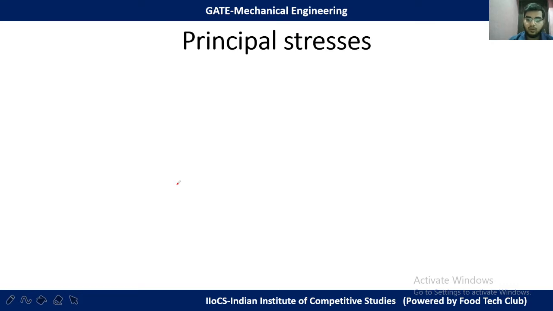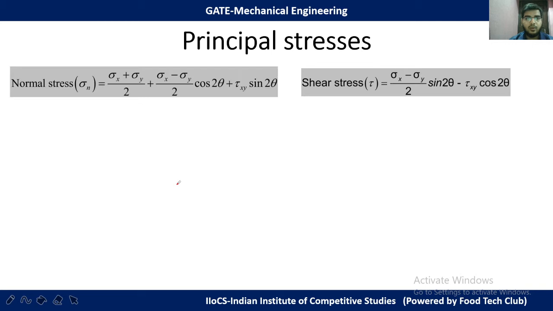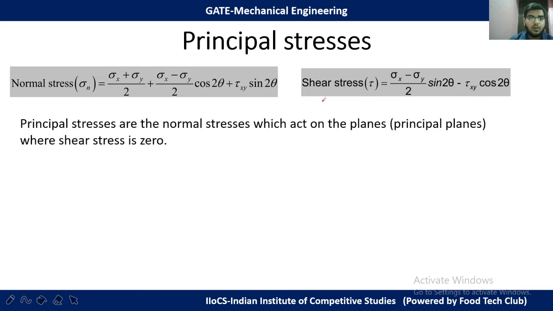So now we will see how to determine principal stresses. We have these two formulas for normal stress and for shear stress, which are functions of the acting stresses and theta. So what is principal stress? Principal stresses are the normal stresses which act on the planes, and those planes are known as principal planes, where shear stress is 0.